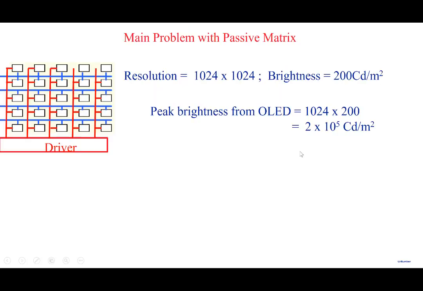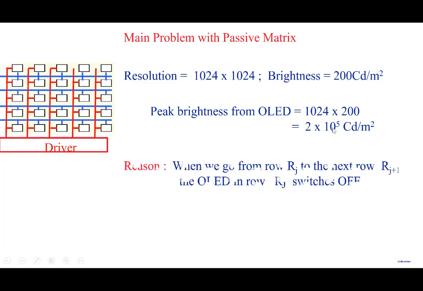All right, so let's come to the active matrix display and understand why we require it, and what the main problem with the passive matrix is. As I said again, if the eye requires a brightness of 200 candela per meter square, then the peak brightness from the OLED, if you're making, let's say, 1024 rows by 1024 columns, depending on the number of rows, will be 2 into 10 to the power 5.